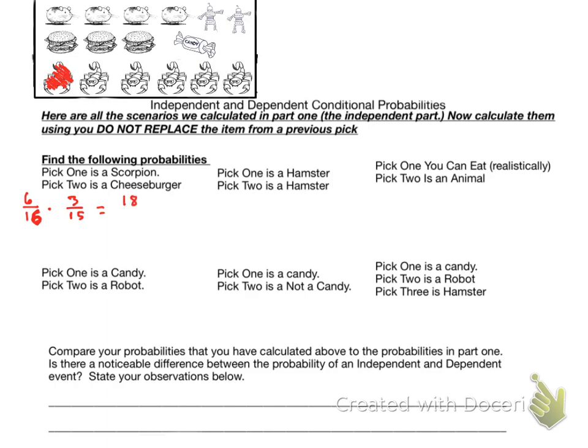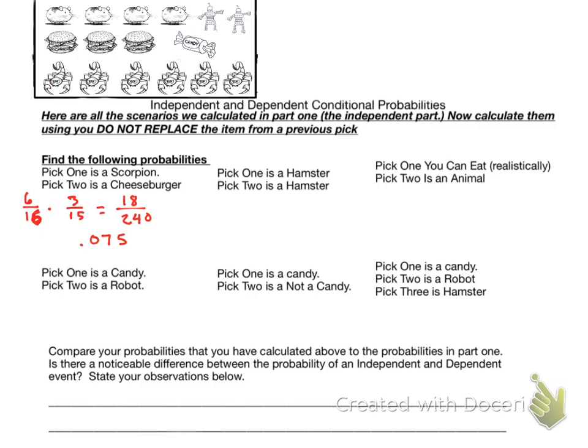This was 18, and this I believe was 240. So we're looking at 18 divided by 240, which was 0.075 probability here.